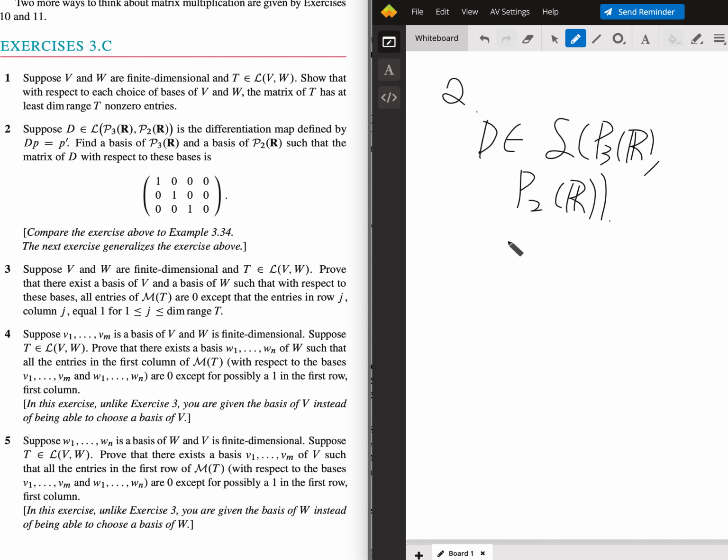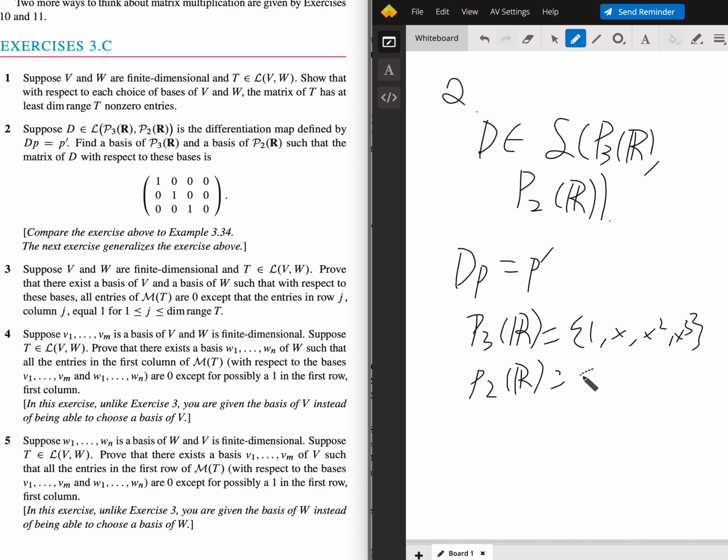So let's consider D as a differentiation map, where you have the differentiation map on some polynomial and you choose a basis. Let's say you naively chose the standard basis for each: 1, x, x squared, x cubed, and then for polynomials of degree 2, you get 1, x, x squared.